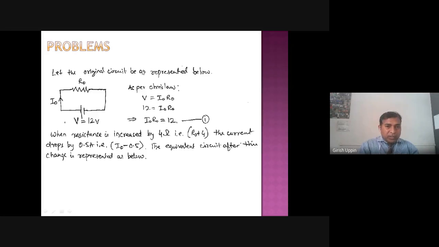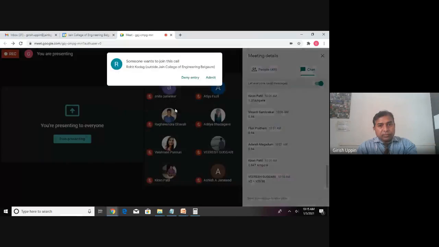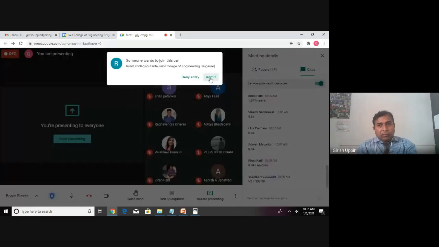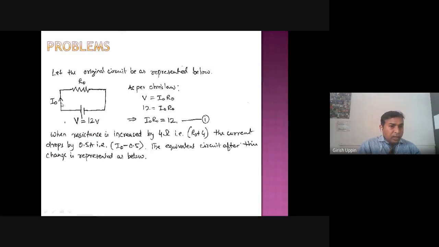This is the original circuit. We don't know the resistance, so the unknown resistance is given as R naught, and it is connected to 12 volt. Let us say the amount of current that will flow if you connect it to 12 volt is I naught. So this is the original, first setup.